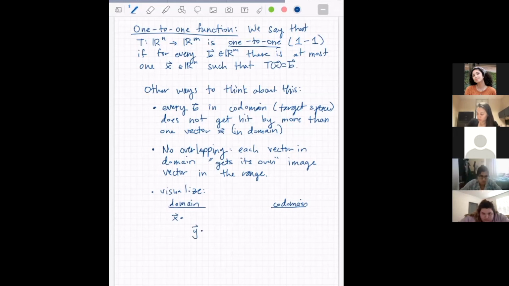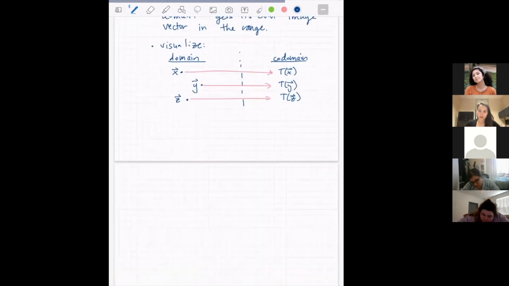So you have some vectors x, y, and z on your domain side, and they get mapped over to some vectors on the range side. These are two separate spaces. Wherever they get sent, each of them is different. They're all distinct, right? So this would be representing a one-to-one function.